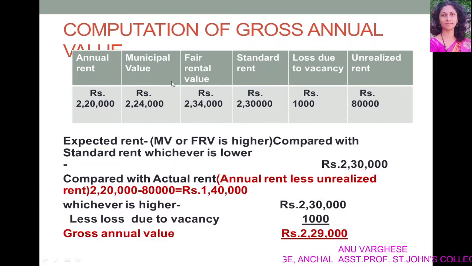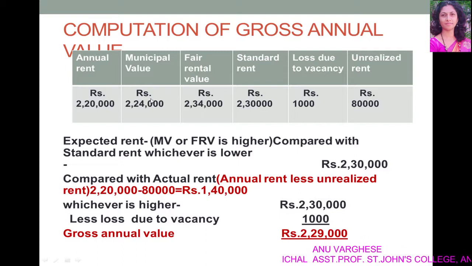In the question, it is given that annual rent is rupees 2,20,000, municipal value rupees 2,24,000, fair rental value rupees 2,34,000, standard rent 2,30,000, loss due to vacancy rupees 1,000, unrealized rent rupees 80,000. That means in the question, loss due to vacancy is there and unrealized rent is there. How do we compute gross annual value? So step number 1, first you compute expected rent.